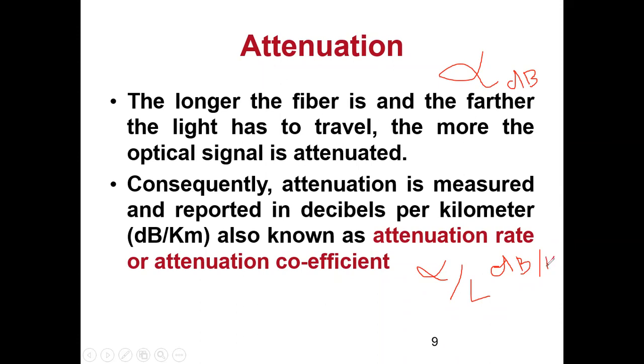These are the two units that you will be using in the numericals. I'll give you a couple of numericals in the next class. If they only ask for attenuation, it's the power ratio, output power upon input power, in dB, and you have to take the log of that. If it is attenuation per unit kilometer, then whatever alpha you get, you have to divide it by the length specified. So your unit becomes dB per kilometer.